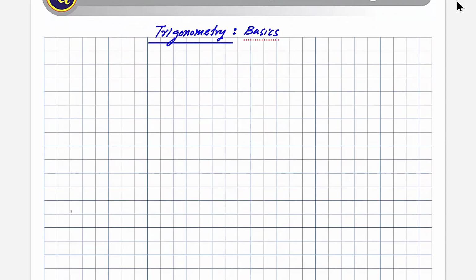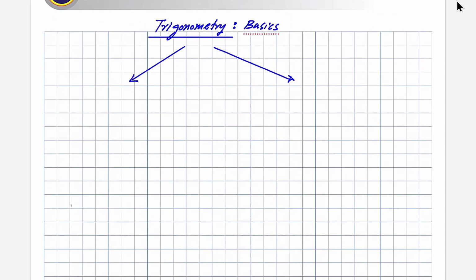Now, firstly, to understand the basic trigonometry, we will divide it into two branches. One is related to right angle triangles.